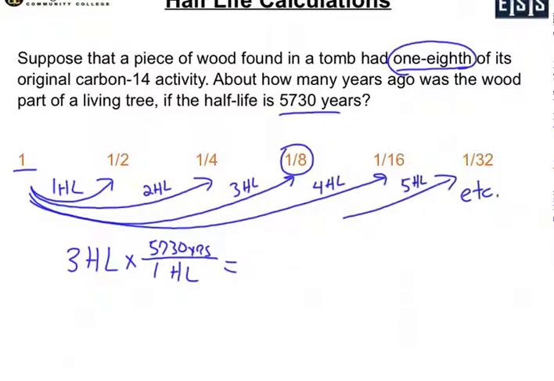So the answer for this, I didn't work out the numbers, but it's somewhere around 17,000 or so years. I apologize for not getting the number, but that's how you would go about doing your half-life calculations. Like I said, I showed a couple of ways to do it simply when you have just a small number of half-lives. Thank you.